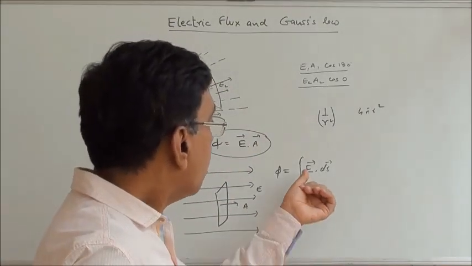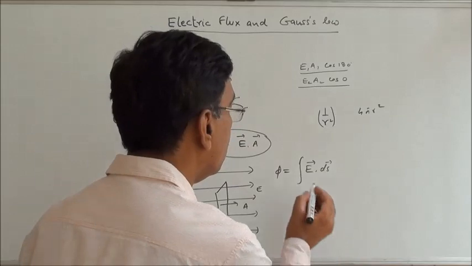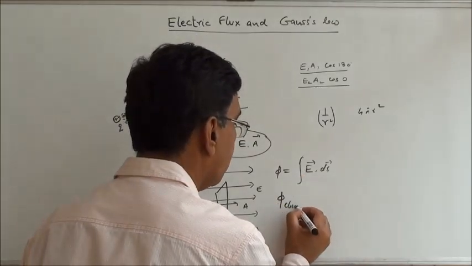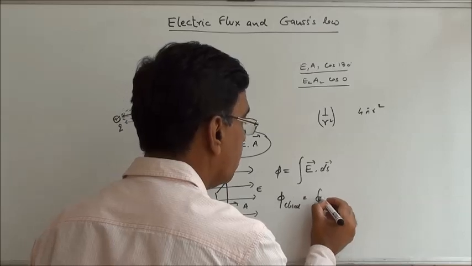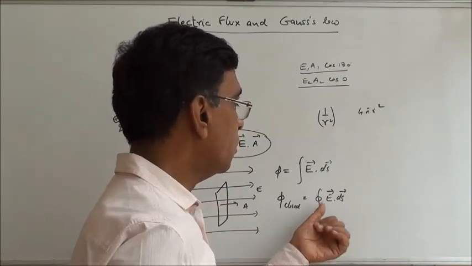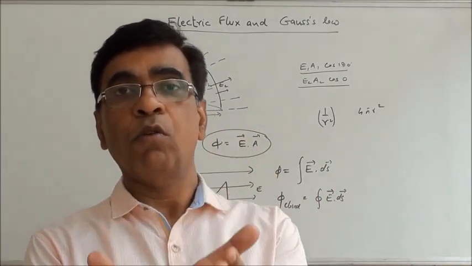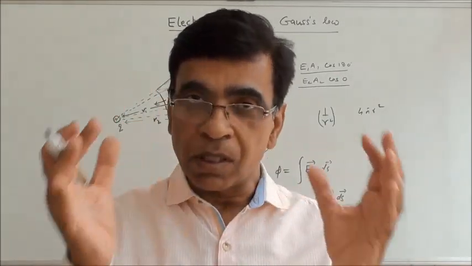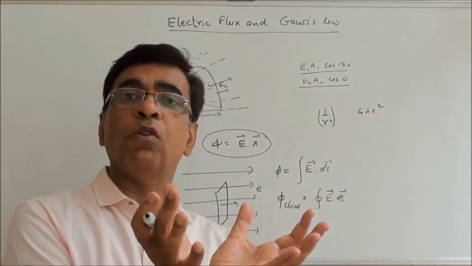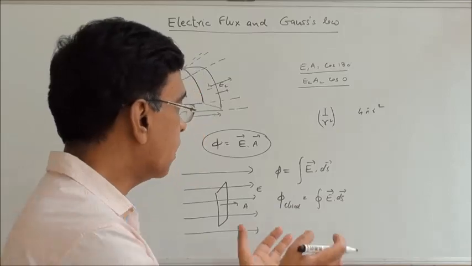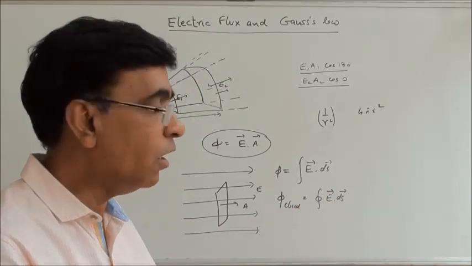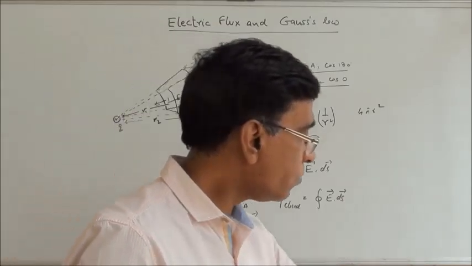Okay, now I made a symbol here. This is used if I am calculating it for a closed surface. This just symbolizes that the surface is closed. Closed surface means it may be cube, cuboid, maybe sphere, spherical shell, cylinder, any surface which is enclosing certain volume, closed from all sides. This is the symbolic representation for that, E dot ds.